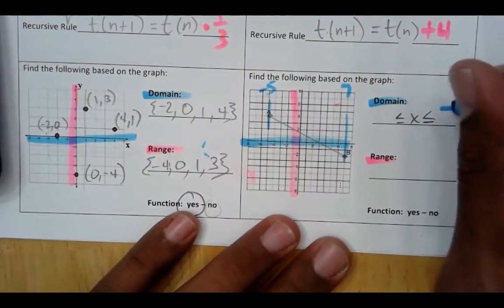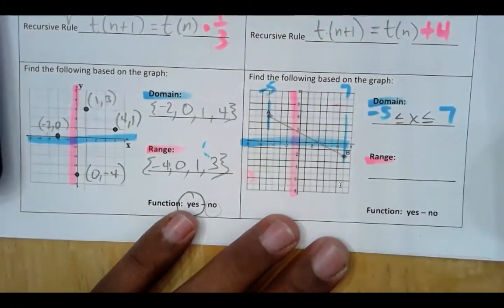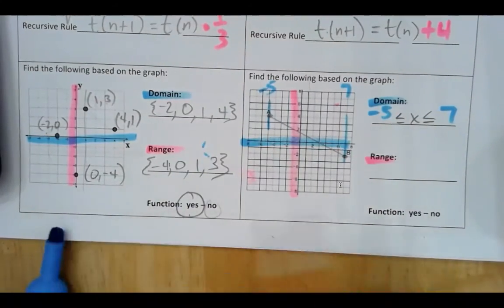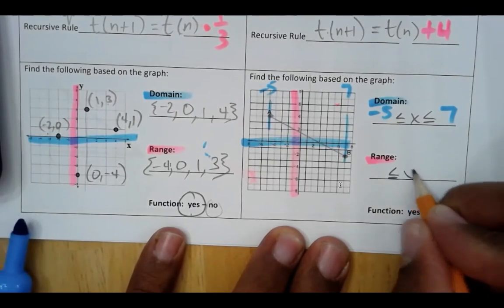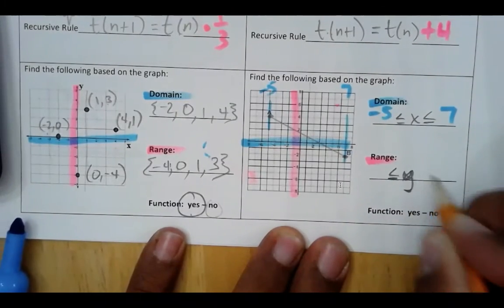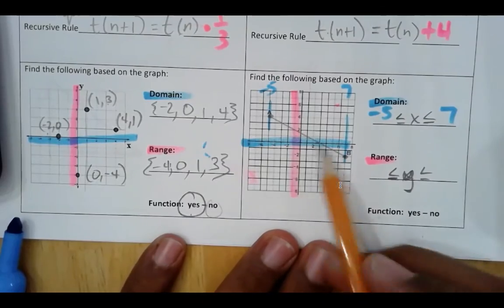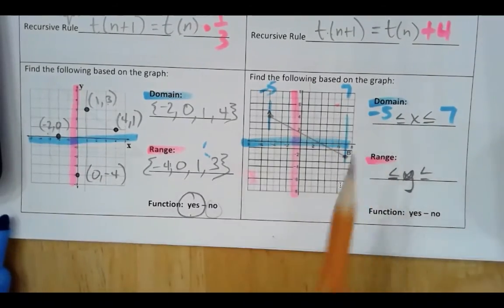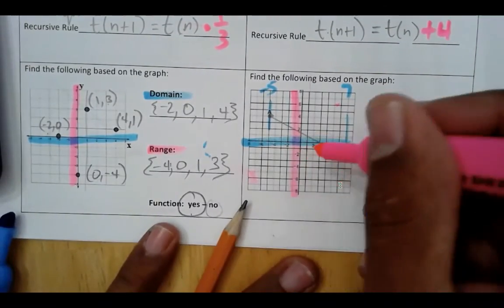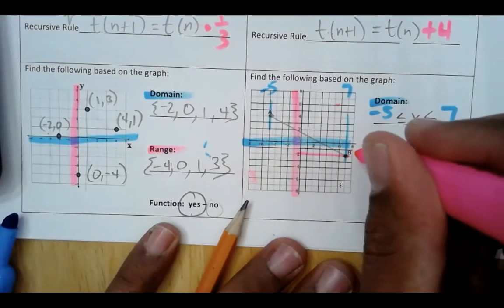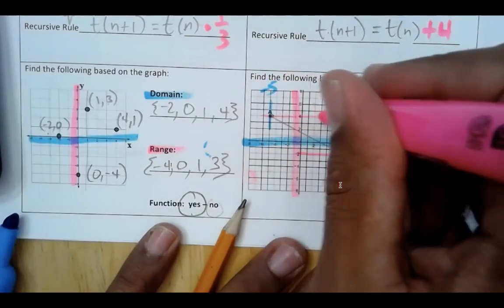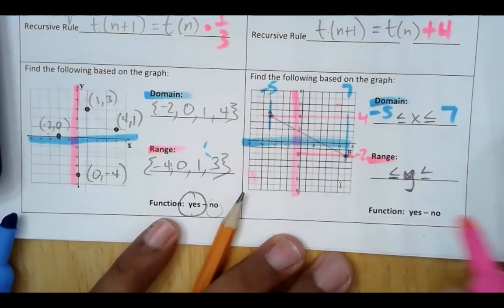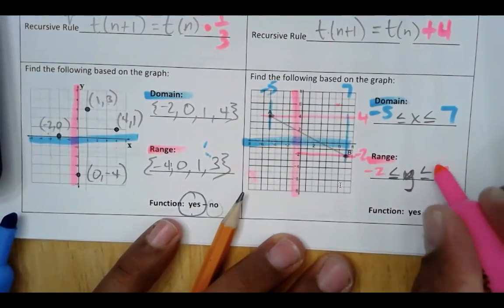Same thing for range, less than or equal to y this time because it's range. We just need to figure out the lowest value and the highest. The lowest y value here is going to be -2, and the highest y value is right here at 4, so it goes from -2 to 4.